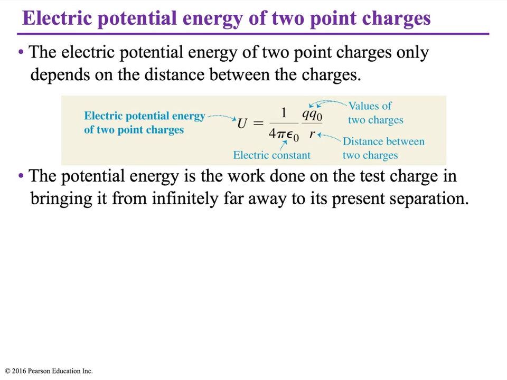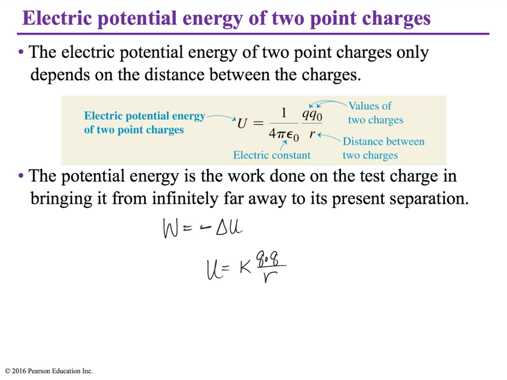The other thing we want to go back and think about is, remember that we originally said that work is equal to the change in the potential energy. So we want to make some sense of this expression, k q naught Q over r. What does that really mean?